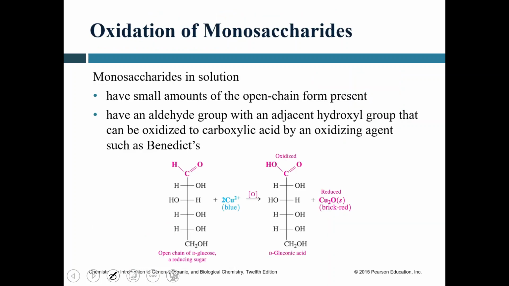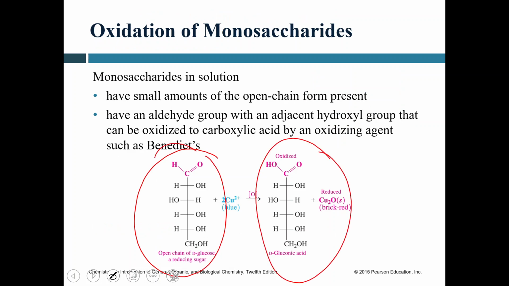In solution, monosaccharides have small amounts of the open chain form. It has an aldehyde group with an adjacent hydroxyl group. This aldehyde group with an adjacent hydroxyl group can be oxidized by an oxidizing agent, such as Benedict's reagent, to a carboxylic acid.